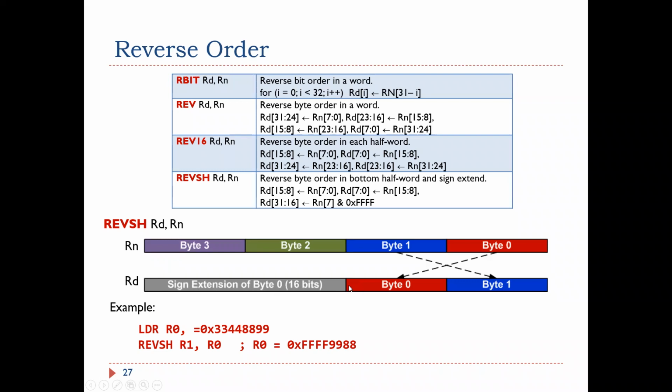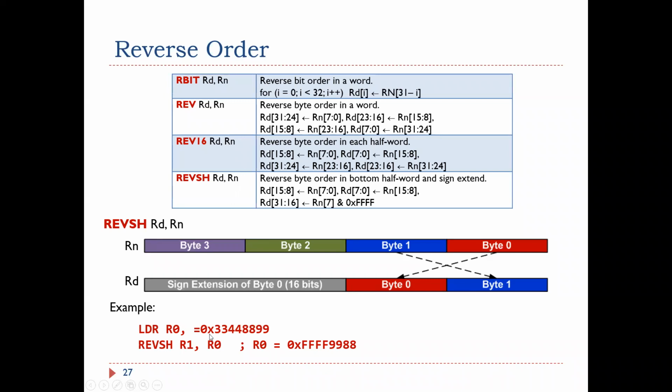If we get 1 here, then all these 16 bits will be 1. This is called sign extension. The most significant bit will be extended as a sign, whether it is 1 or 0.